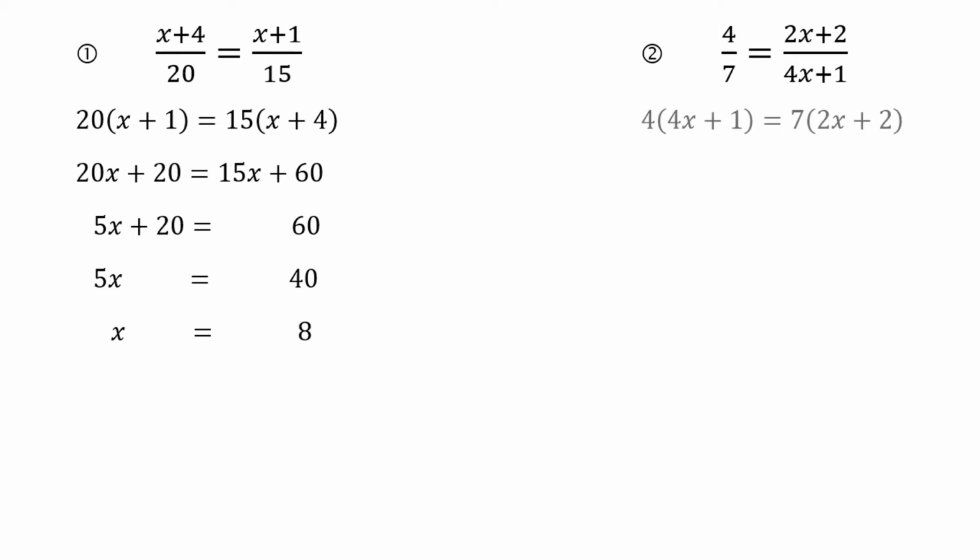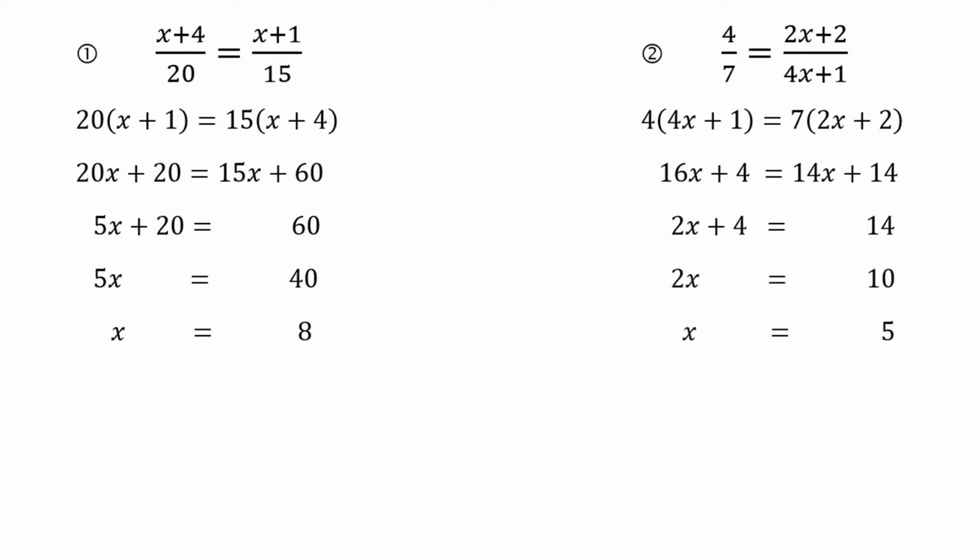Question 2, looks like we need to cross multiply. Then we will use the distributive property. Then I can subtract 14x from each side, subtract 4 from each side, divide by 2. If I'm going way too fast, remember, you may pause the video.